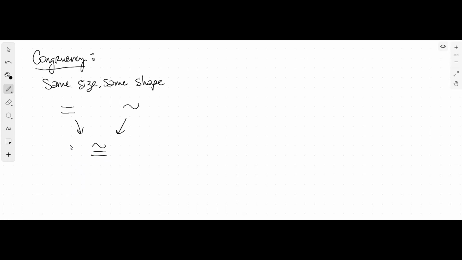So if I said that, let's say, segment AL is congruent to segment BM, then I would use this symbol to say that they are the same shape, of course, they're segments, and that they are the same size, okay?